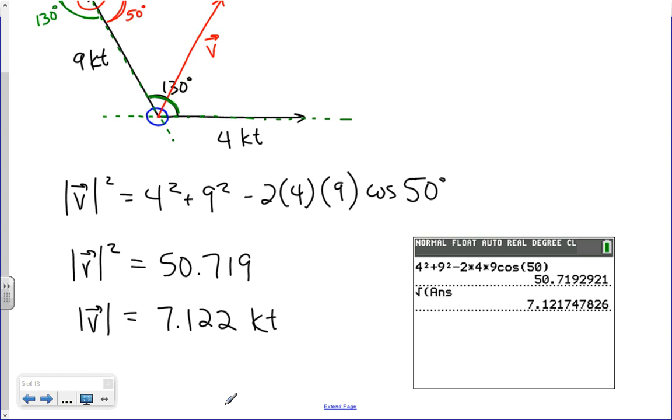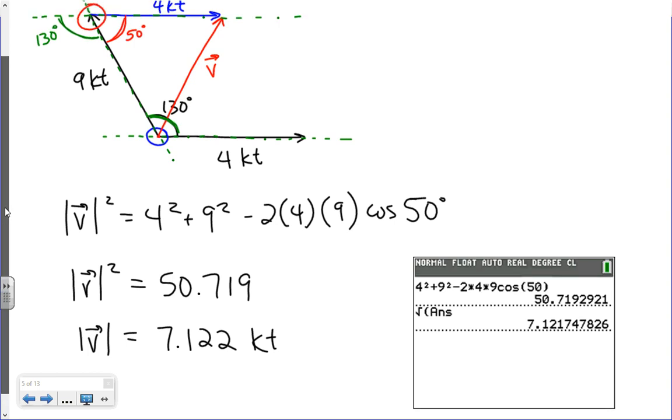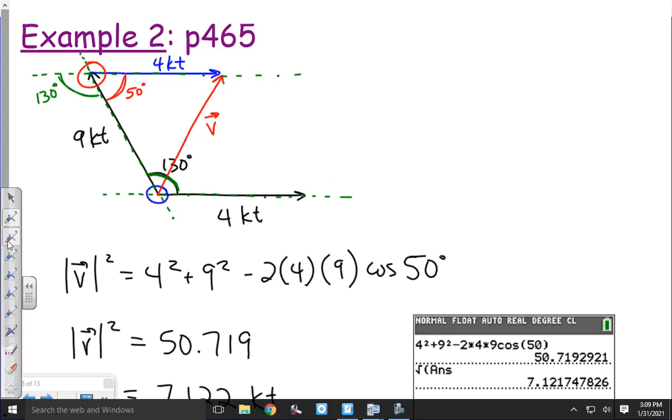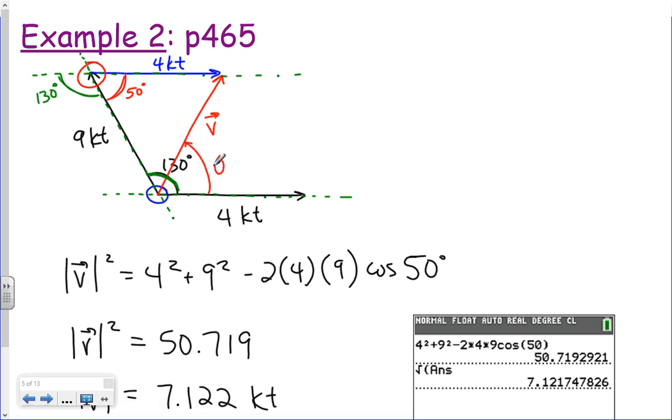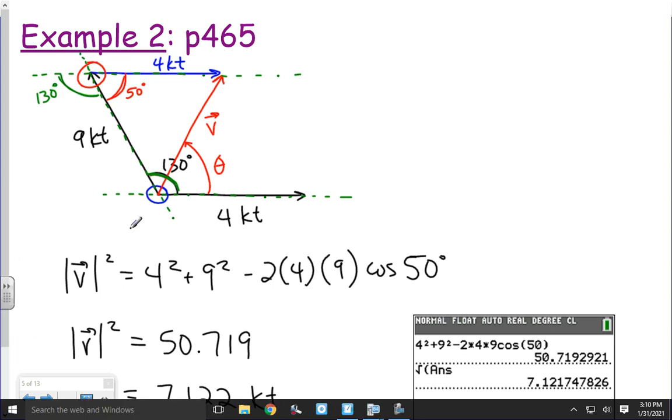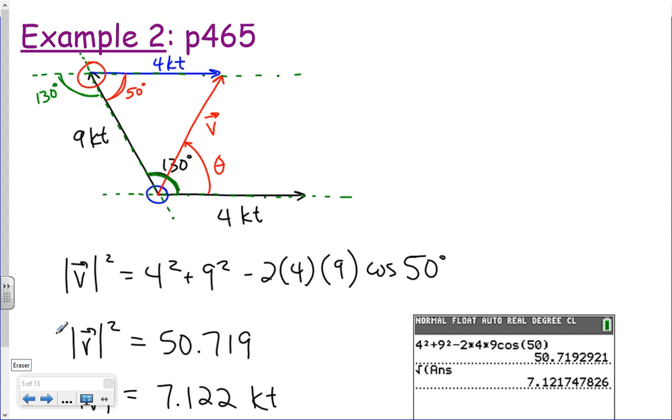But again, it might not be uncommon for them to also ask you for the direction of that vector. So if I want to find the direction of that vector, I can go about this the same way. The direction of my vector that I'm looking for is this angle right here. That's my angle theta. And I know the whole angle here in green is 130 degrees.